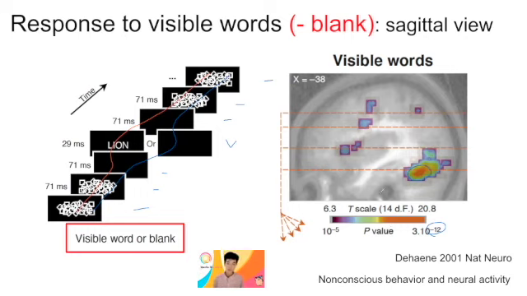That's an area called the fusiform gyrus, related to word recognition. It's also important to point out that there are several other areas in the frontal and parietal areas that showed significant difference between seeing the word and not seeing the word.